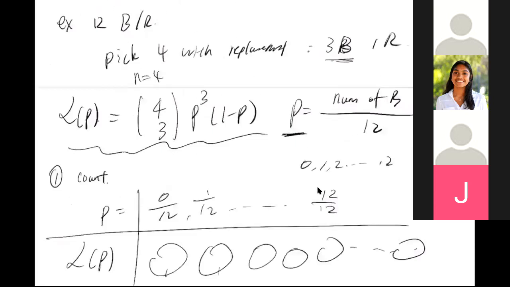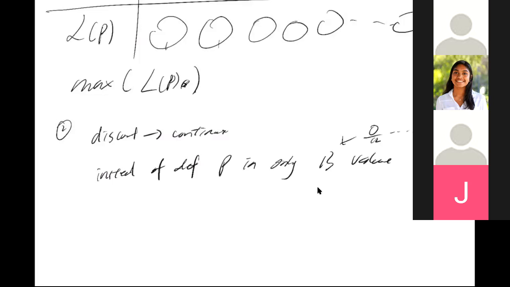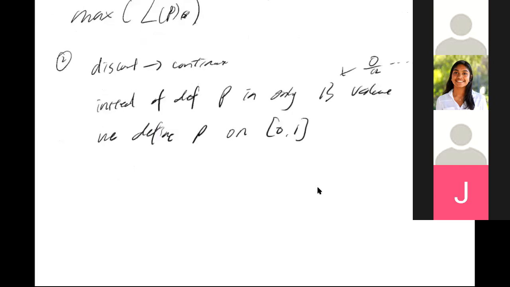If we change it to a continuous function, then instead of defining p in only 13 values, 0 over 12 up to 12 over 12, we define p for any probability in the range of 0 to 1. That means the function has a value at every point from 0 to 1, so it is a continuous function.